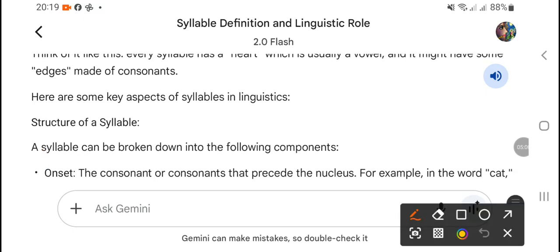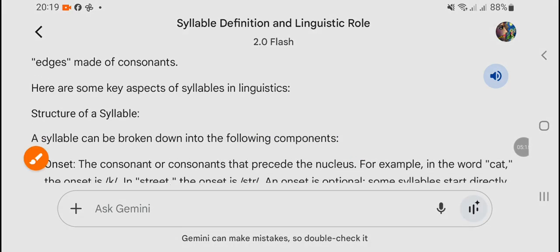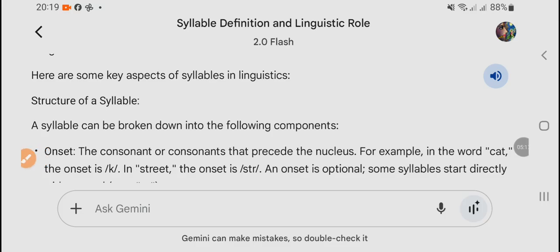So here I can explain what they are saying: this is the nucleus, the heart of the syllable, and these are the consonants. It may or may not be there. So this is called syllable. Or in other words, the nucleus is the heart of the syllable.